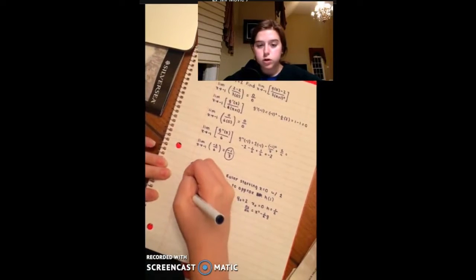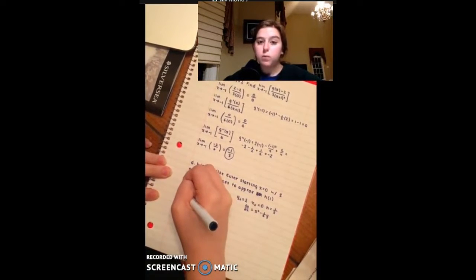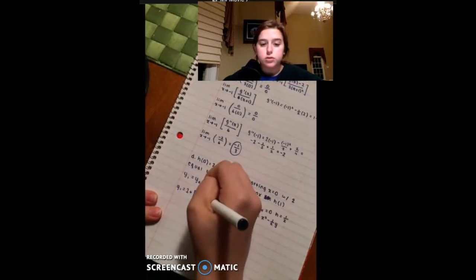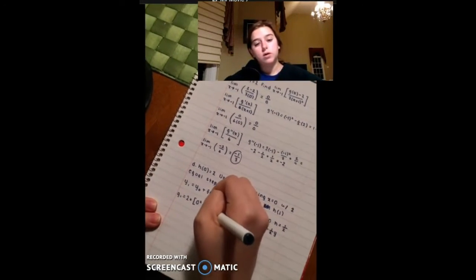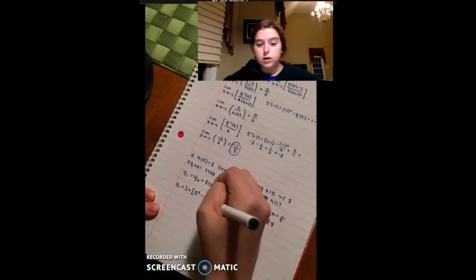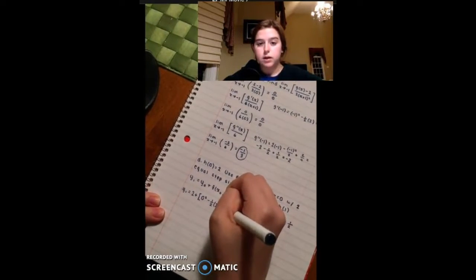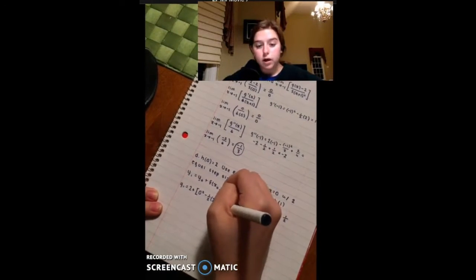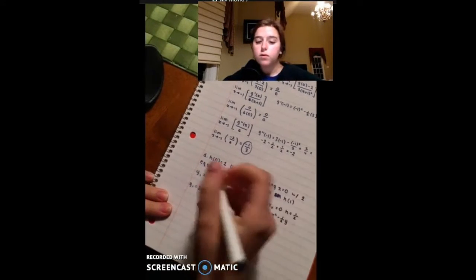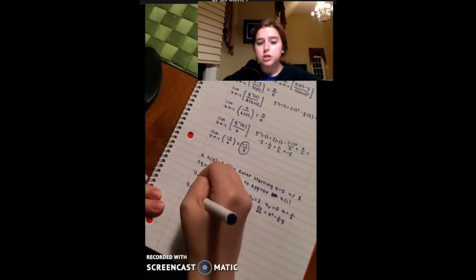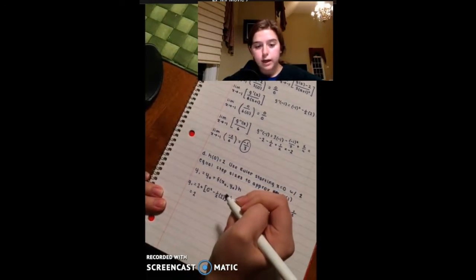So first thing we want to do is find y1. So all we're going to do is plug in that beautiful information that we wrote down for ourselves. So 2 plus, and then we're just going to plug in x naught and y naught values, which are 0 and 2, into that beautiful differential equation, and h as 1/2.